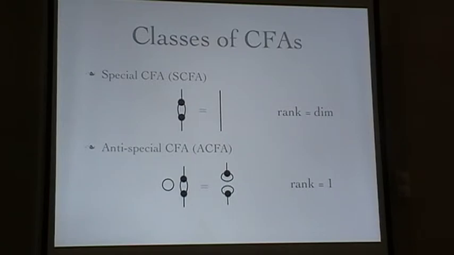In SCFA, this means the rank is equal to 1. Remember, this unit is expressed as this. This unit means vector, and this circle means scalar, so it does not influence the rank of this equation. So, this equation means the rank is equal to 1.